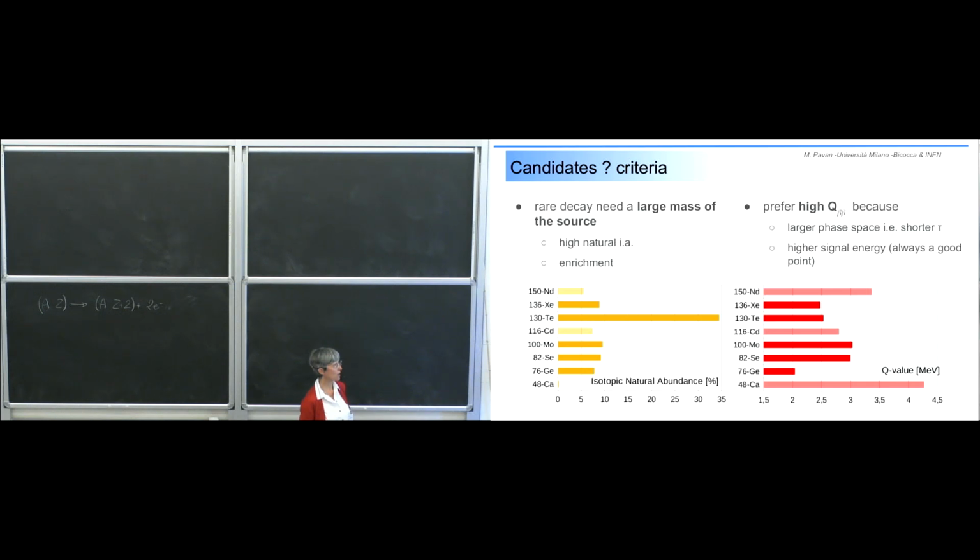And this is why from Wikipedia the experimentalist community has extracted these isotopes.